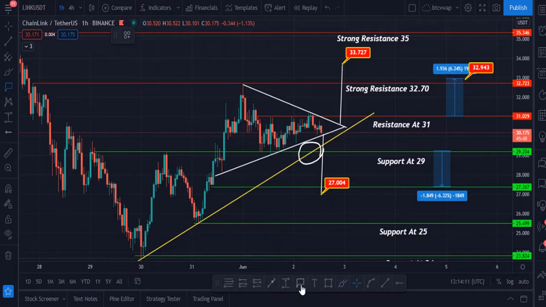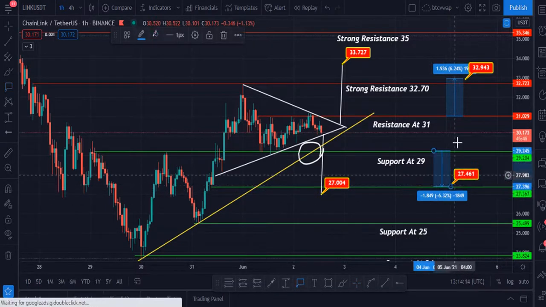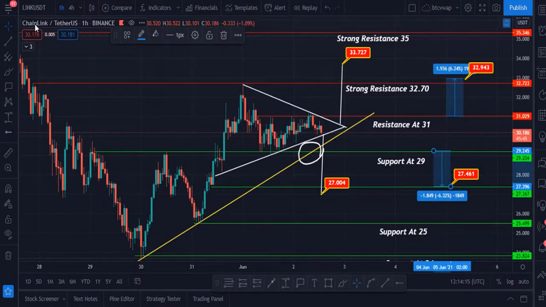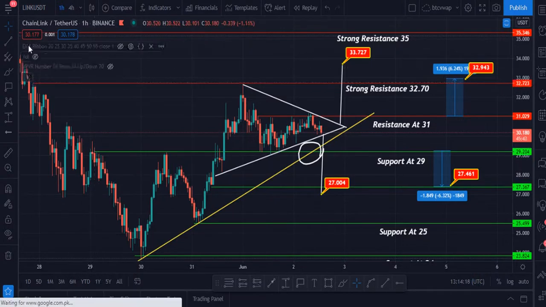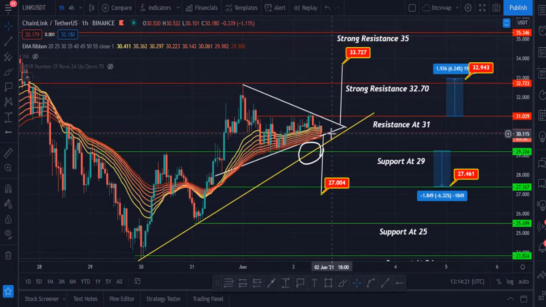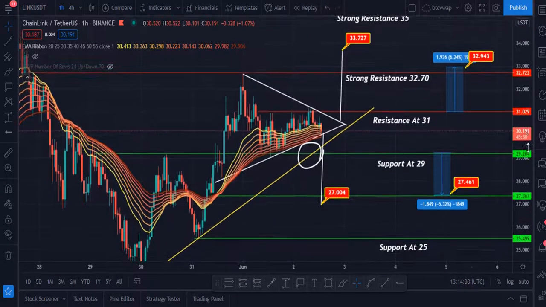These are bearish targets and these are upside targets. Let me please show you the EMA ribbon. Candles are above the EMA ribbon, and it is a good sign. But if candles break this EMA ribbon, in that case, it can go down to $29, maybe $27.